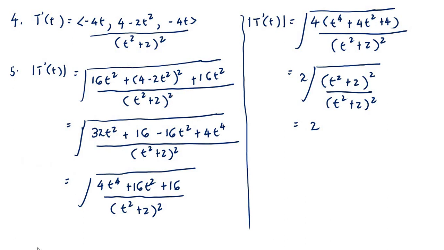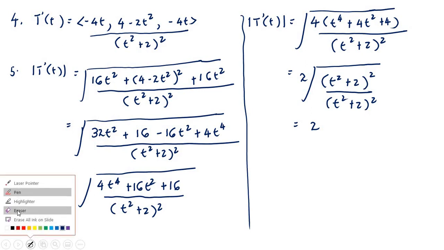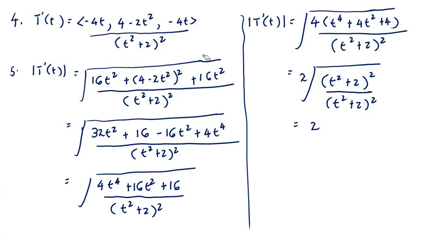Okay, this one I should power 4. When we find the magnitude of T prime t, each component is squared, and the denominator I should square also. So this is power 4, this is power 4, and so on for each component.